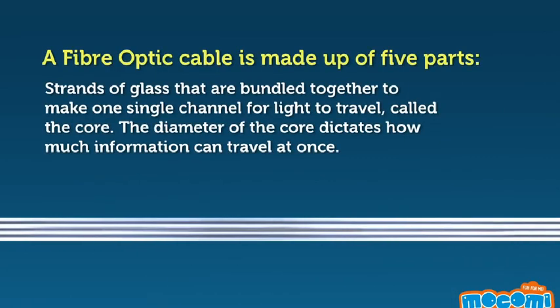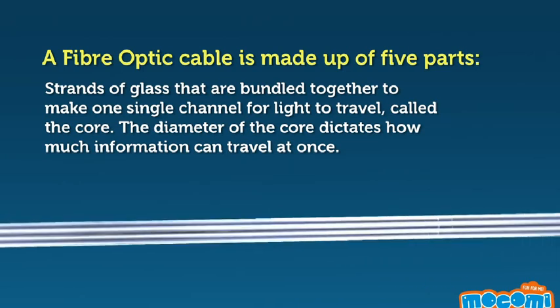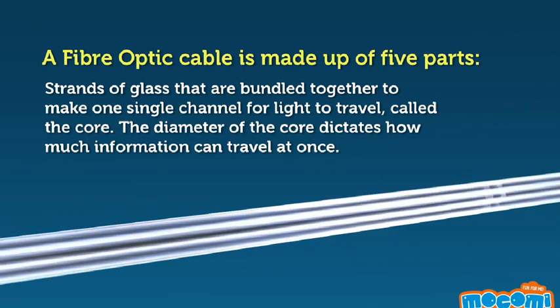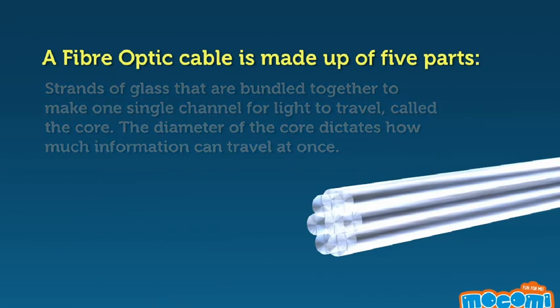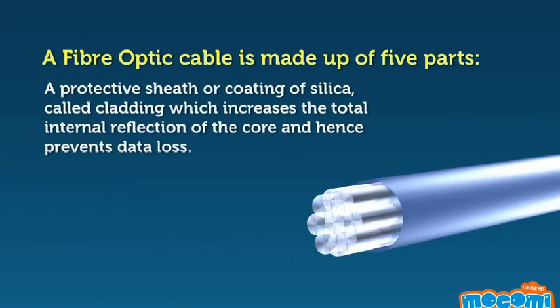A fiber optic cable is made up of 5 parts. Strands of glass bundled together make one single channel for light to travel, called the core. The diameter of the core dictates how much information can travel at once. A protective sheath or coating of silica called cladding increases the total internal reflection of the core and hence prevents data loss.